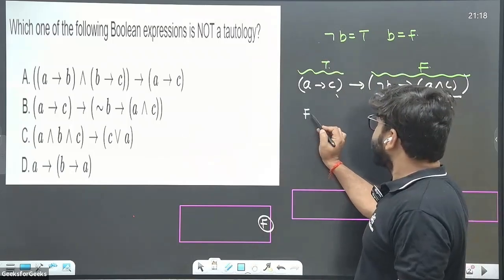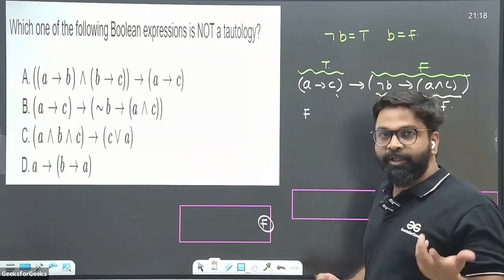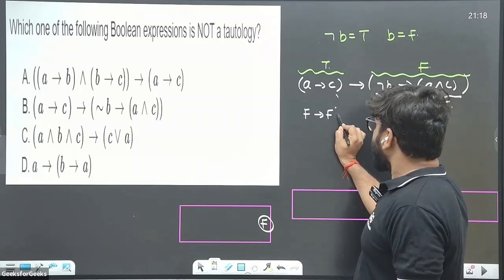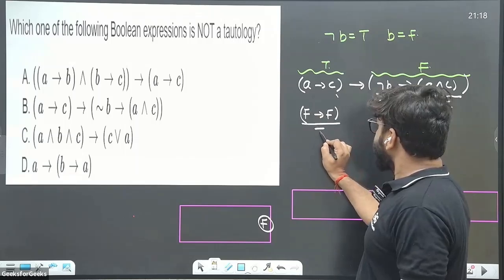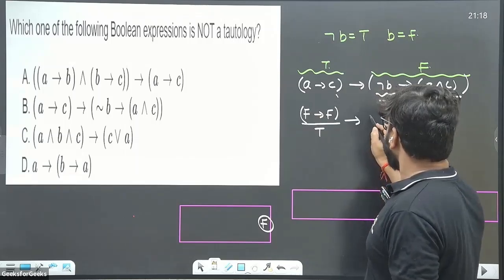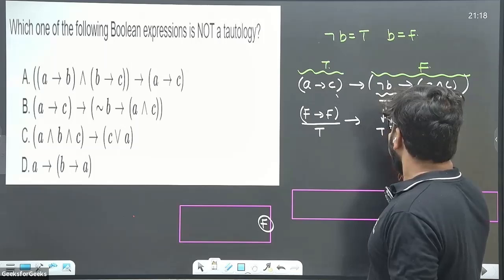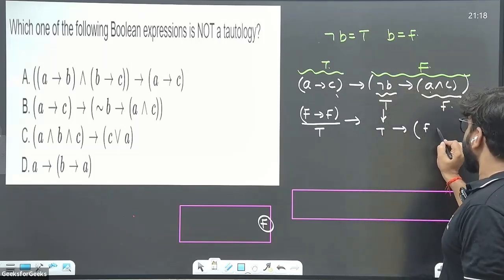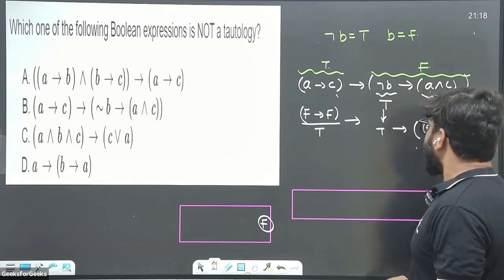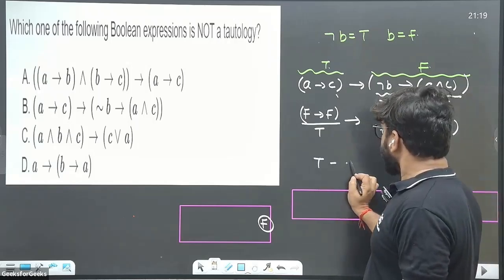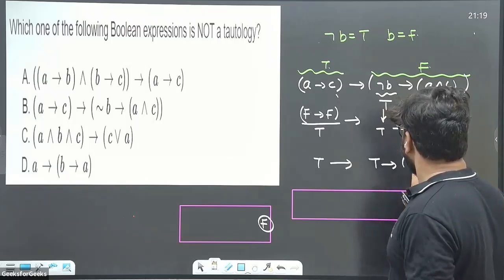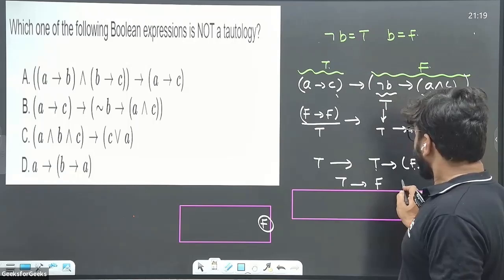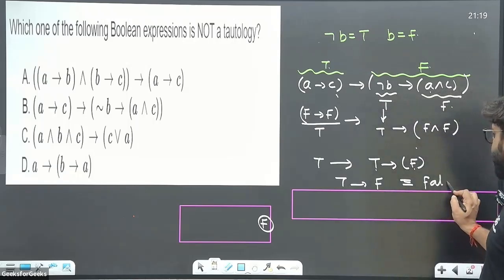For example, with the help of a little bit of experience, if I put the value of A as false and C as false, then this left side will become true, which implies, and let's consider this is also true, which implies, for example, the value of A as false and value of C as false. Now what will happen? False implies false will become true. True implies false will become false. So the whole expression turns out to be false.